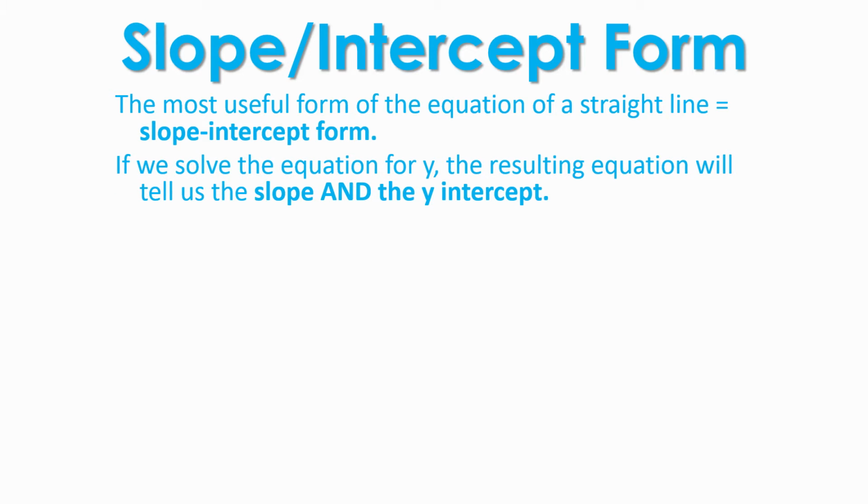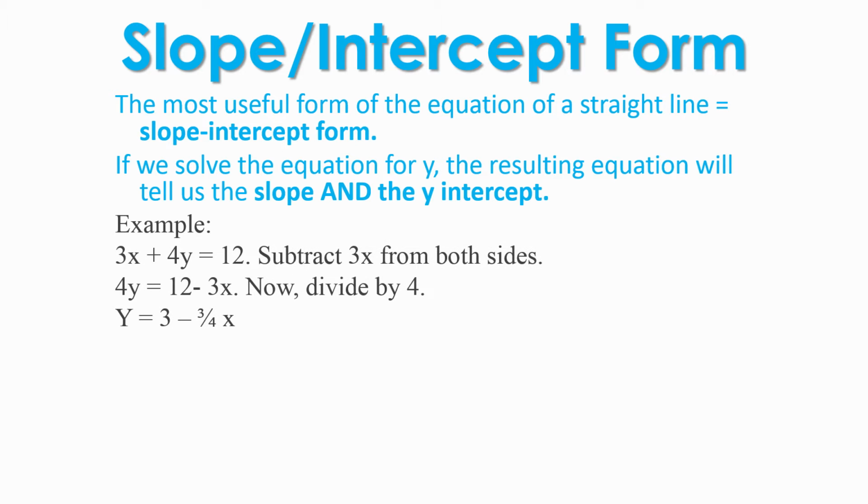If we solve the equation for y, the resulting equation will tell us the slope and the y-intercept. Let's do it with this equation. Subtract 3x from both sides. So now we have 4y = 12 - 3x.